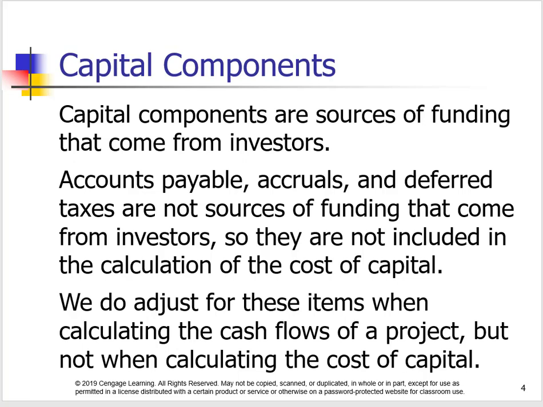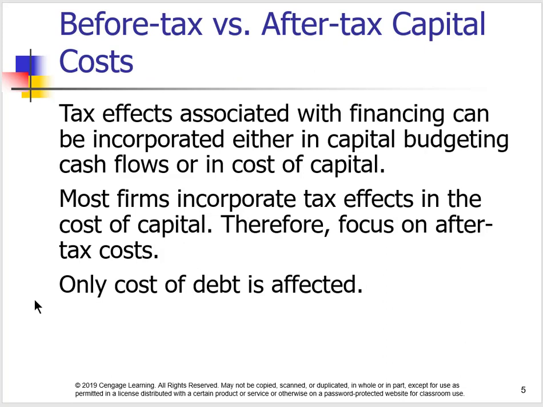When we look at cash flows of a company, of course, we do have some adjustments that we have to make, but we don't have to make those types of adjustments in cash flows when we're talking about the actual cost of capital. So in essence, again, all we're talking about is the long-term debt that we're looking for in the company and the costs that are associated with that.